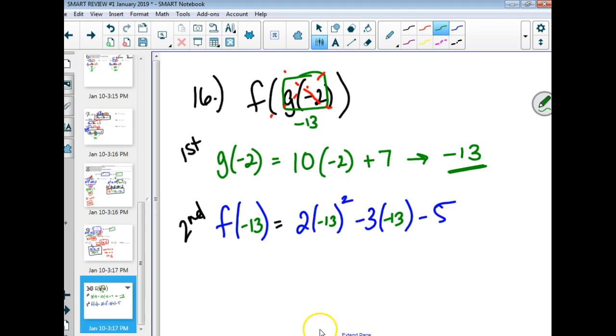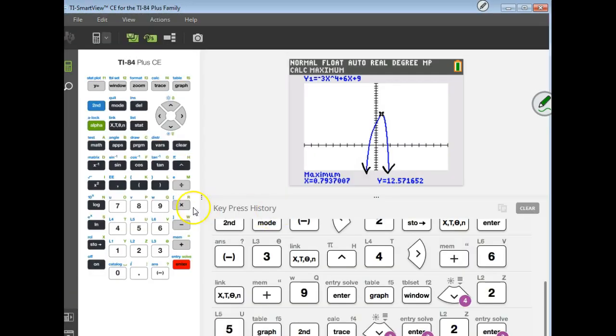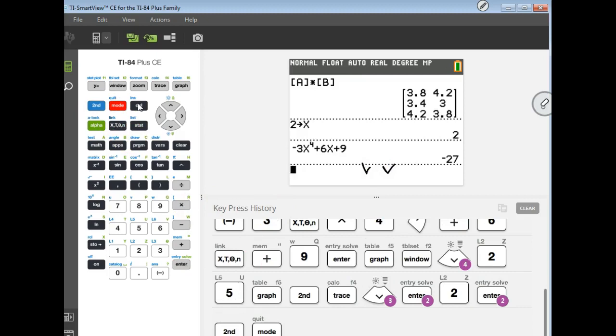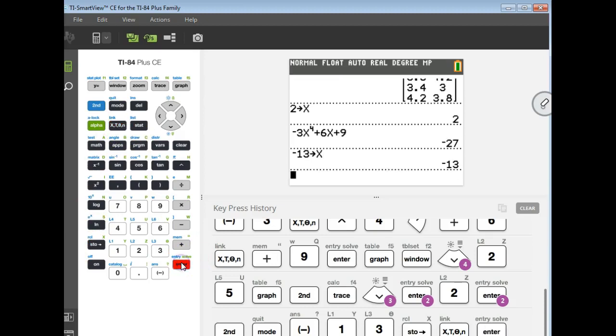I'm going to use that store feature. Seems like a good idea. That way I don't have to worry about parentheses. So I'm going to take negative 13, store it as x. Then I'm going to type the function in the home screen.